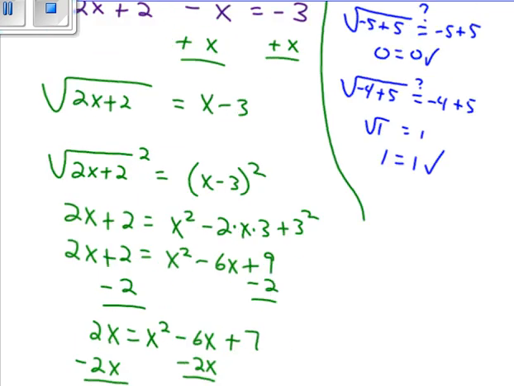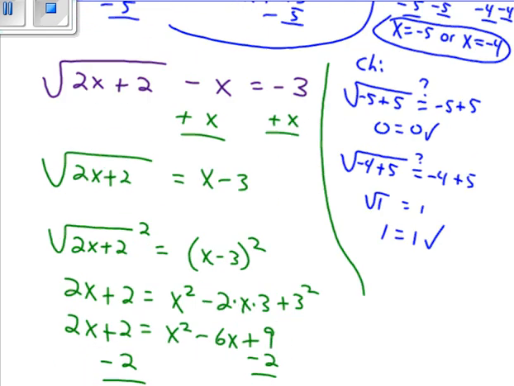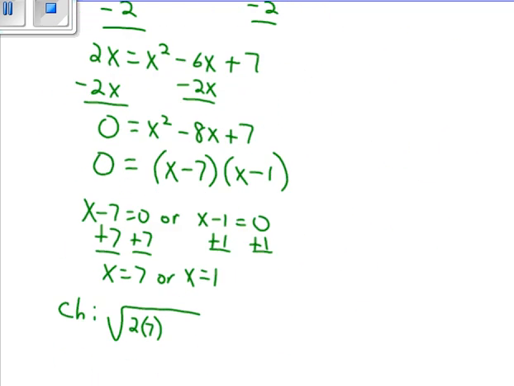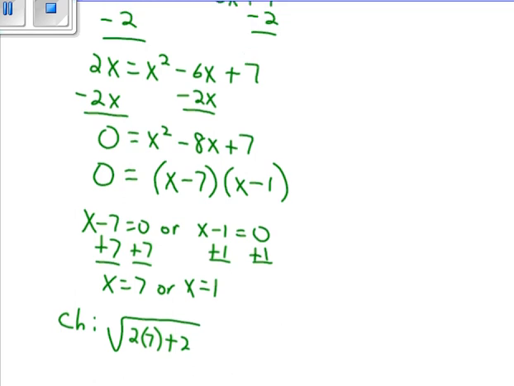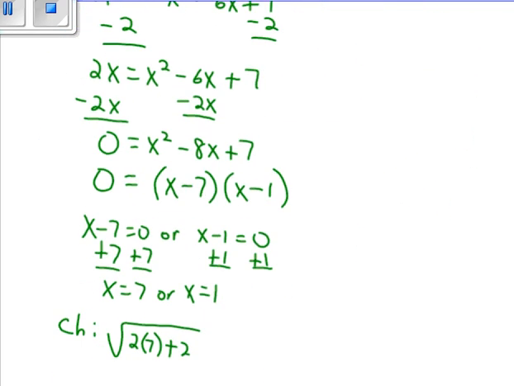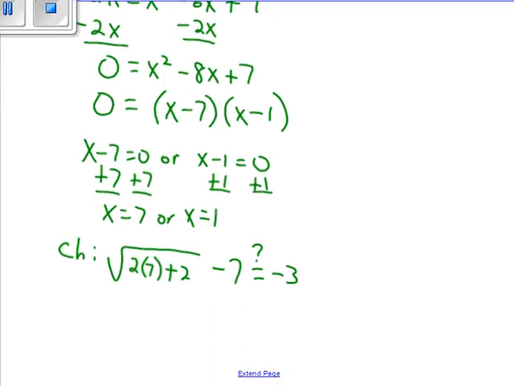Root 2 times 7 plus 2 minus 7, does that equal negative 3? And so that's going to be 14 plus 2, so that's root 16 minus 7, that equals negative 3. That's 4 minus 7, that does equal negative 3, so that checks out.